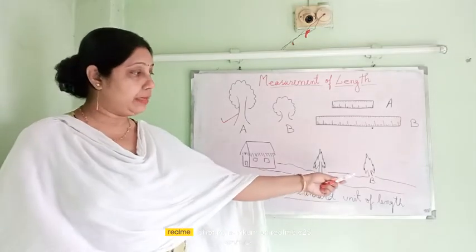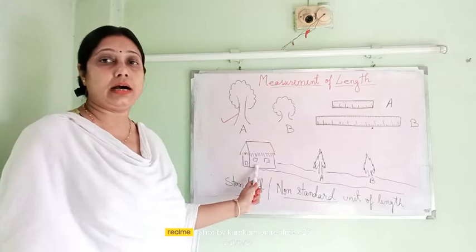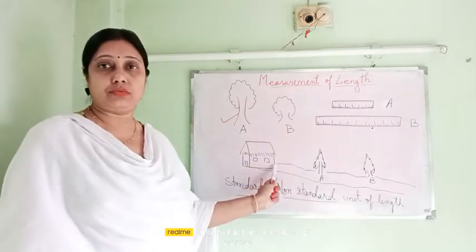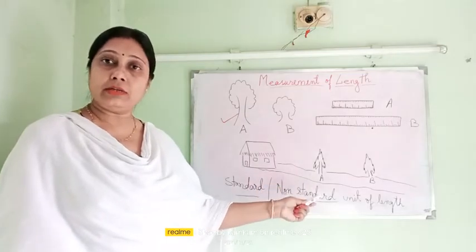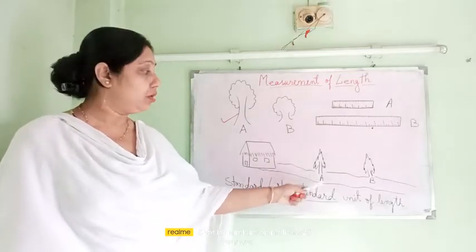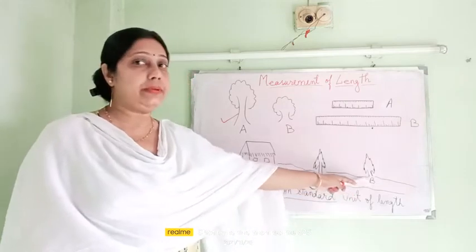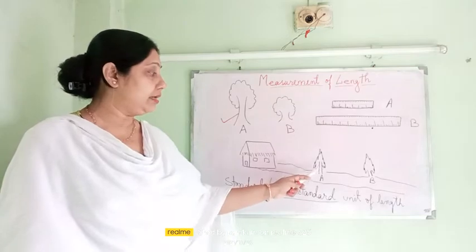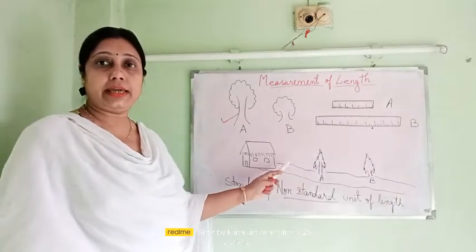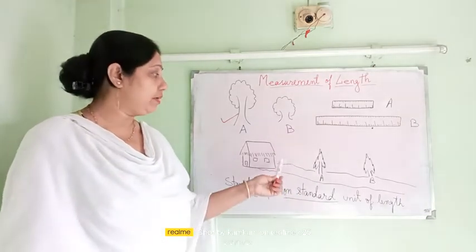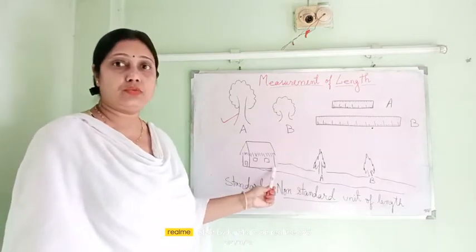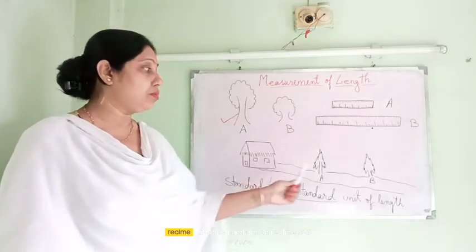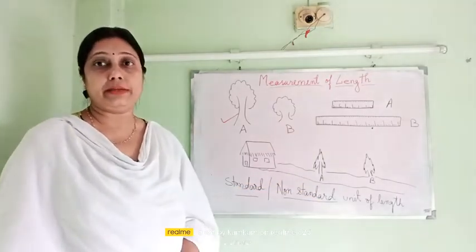Yes, tree B is far away from the house and tree A is nearer to the house. So by seeing only we can identify the length. The distance from tree B to the house will be more than the distance between tree A and the house. That means the distance from tree A to the house will be less than the distance from the house to tree B.